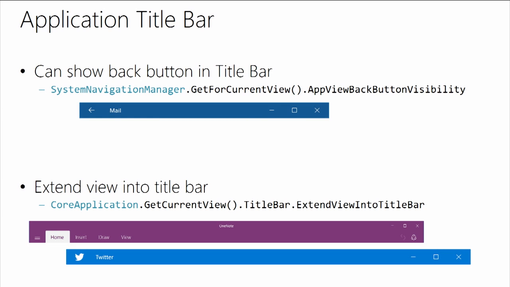Right. And whether perhaps the application has subscribed to using this approach. Equally, we can also extend all of our content into the title bar, which then means we have to actually take control of rendering back buttons in the title bar. We can't necessarily use that global back button.